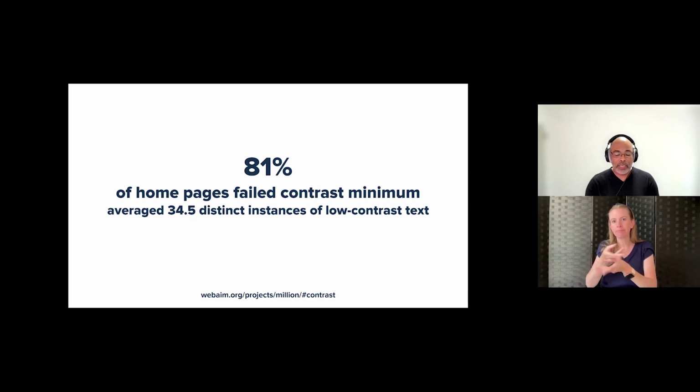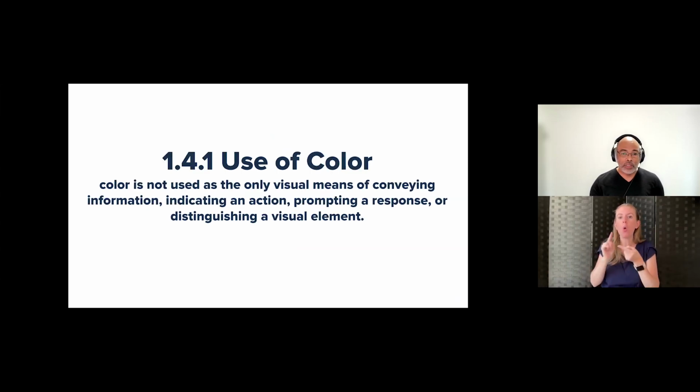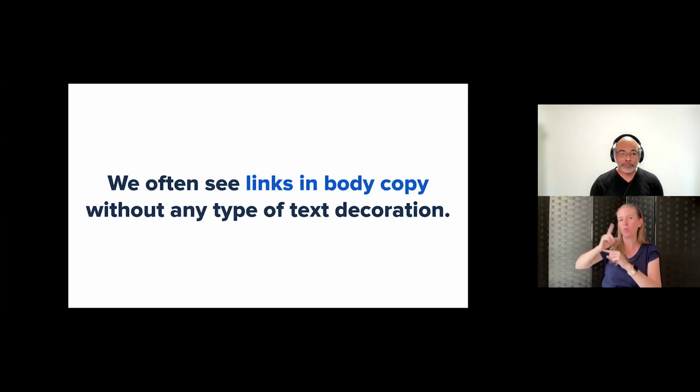From the survey that WebAIM did, we found that 81% of homepages failed contrast minimums, with an average of 34.5 distinct instances of low contrast text. So we're having issues with our content and our color where individuals cannot perceive it if they have low vision or low color vision. What we don't want to do is rely solely on color to convey the message itself.